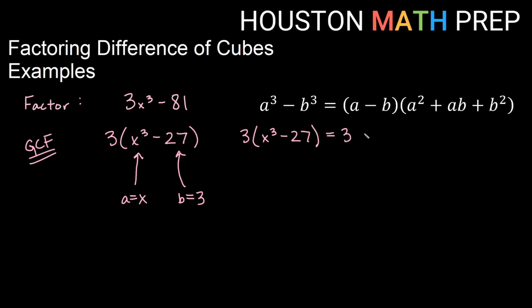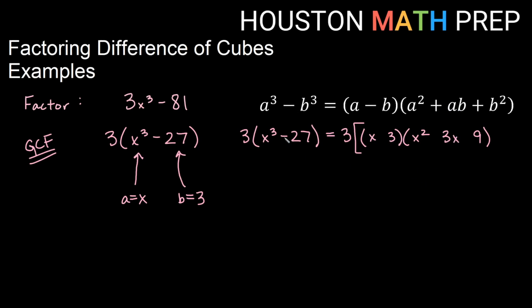So I'll keep my 3. And then I'll start my short factor in these brackets. So x and 3 go in my short factor. And the square of the front in front would be x squared. The square of the back term in the back would be 9. And multiplying in the middle, x times 3 would give us 3x.